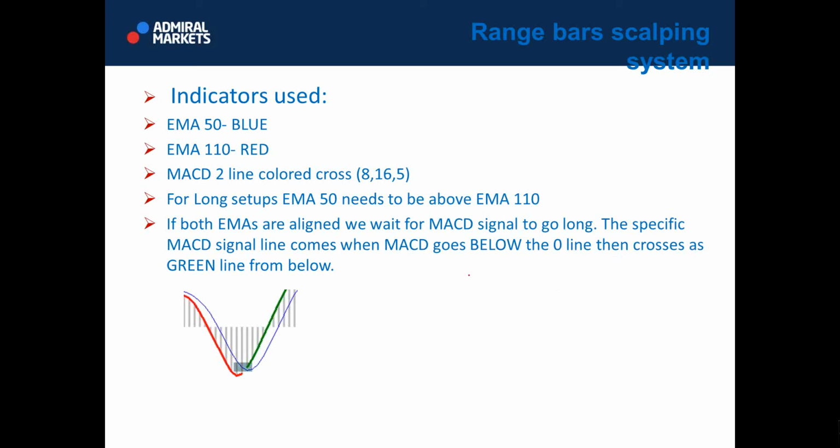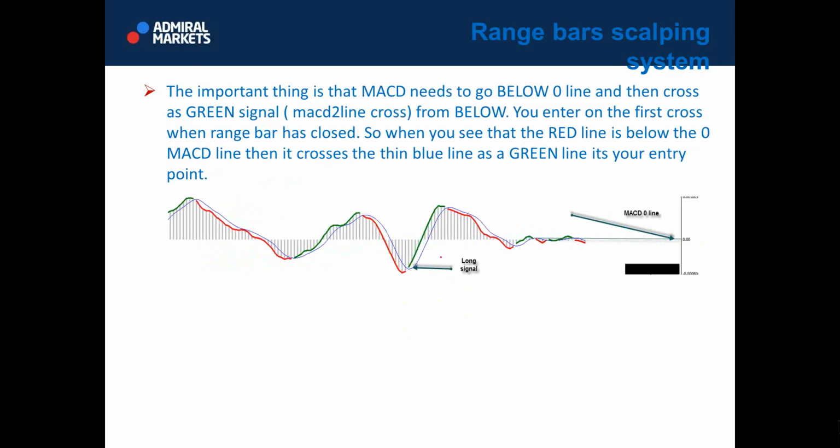We will see that also in charts, but if you see that both EMAs are aligned and the price is retreating slowly toward this EMA, you will go long when the signal appears on MACD. This is the cross from red to green, and when the green cross appears at the first signal, your MACD 2 indicator will also give you the signal that you are ready to go long. So your entry is the green line for long entries.